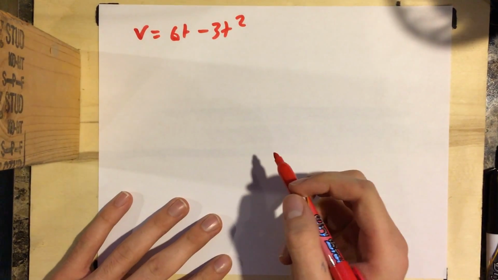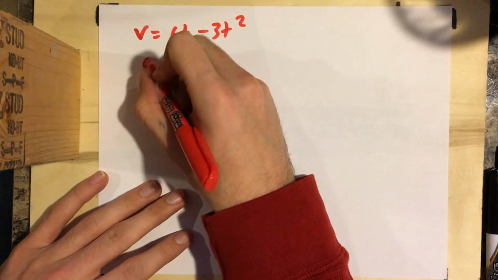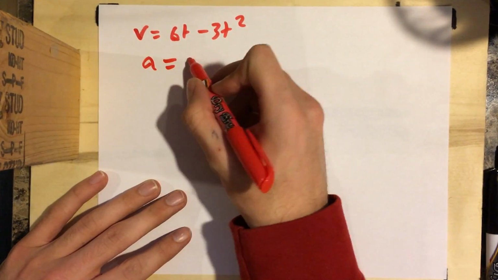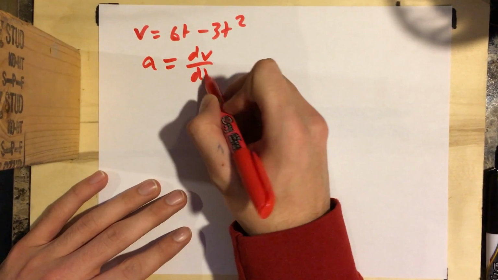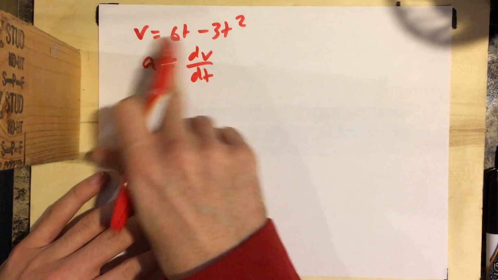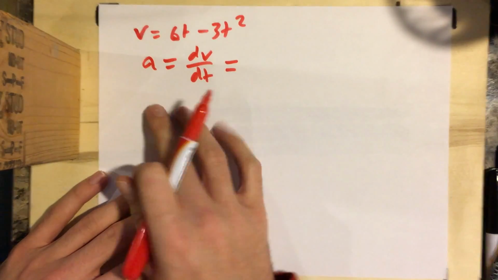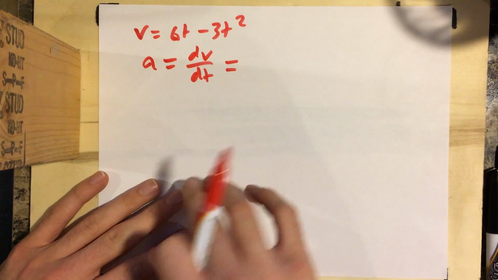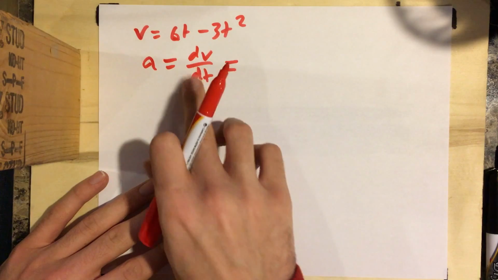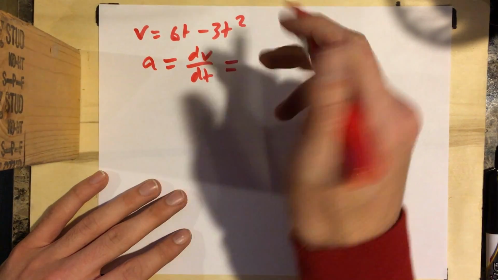Now we should know that acceleration is actually the derivative of velocity, and we have velocity right here. We want the deceleration, which is the same as acceleration, it's just in the opposite direction. So we can take the derivative of velocity to get that.